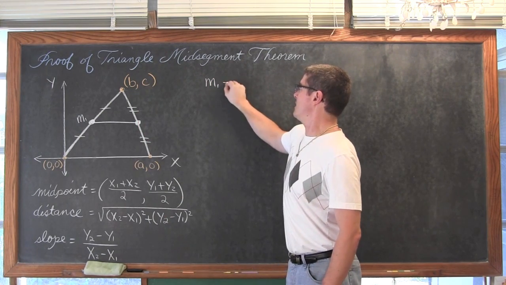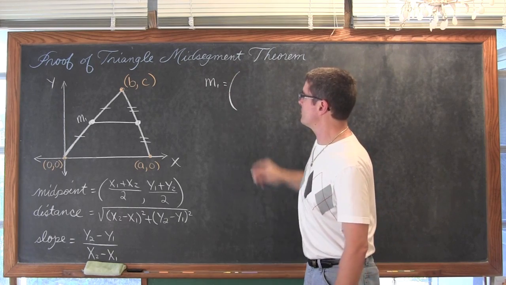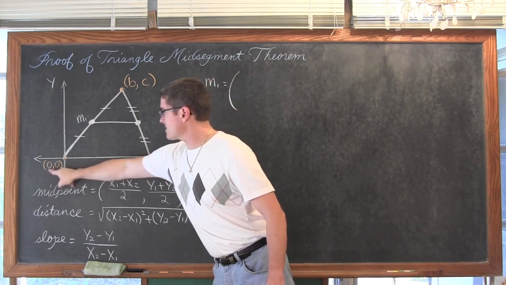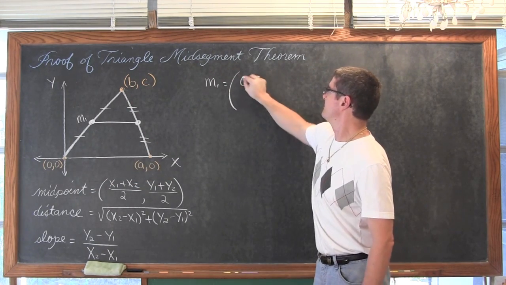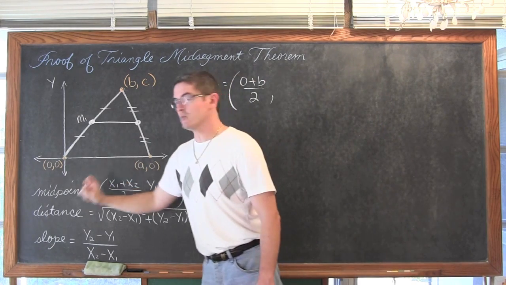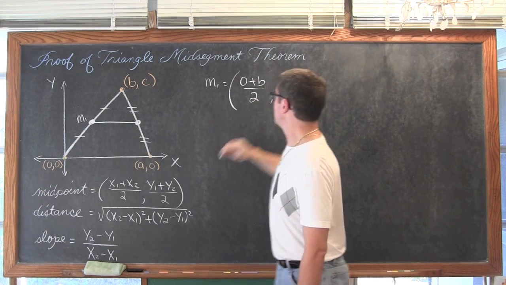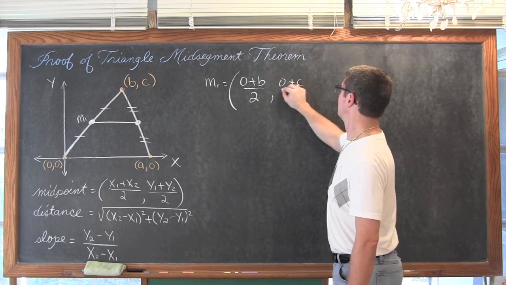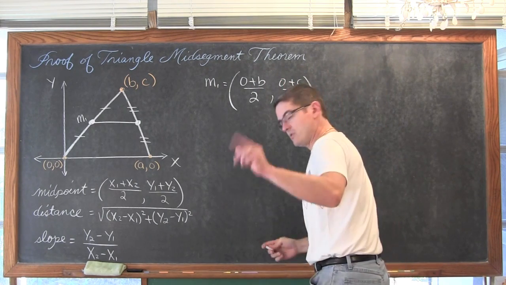So midpoint 1 is going to be equal to, I'm going to take x sub 1 and x sub 2 and add them, and divide that by 2. I'm going to do the same thing with the y values, 0 plus c, and divide that by 2.